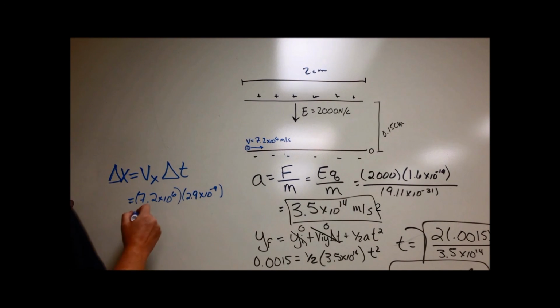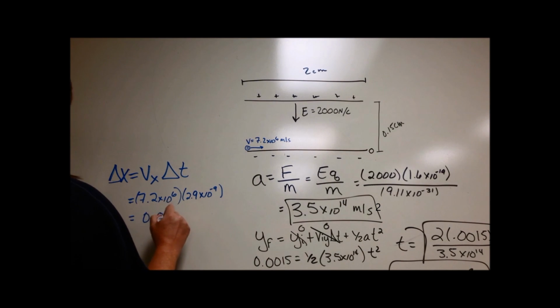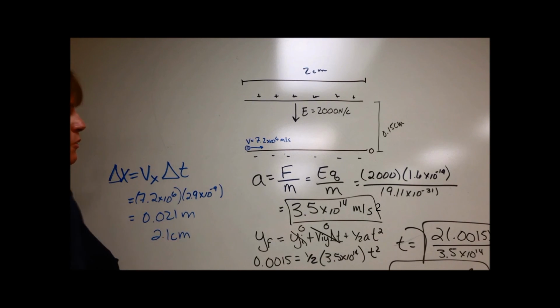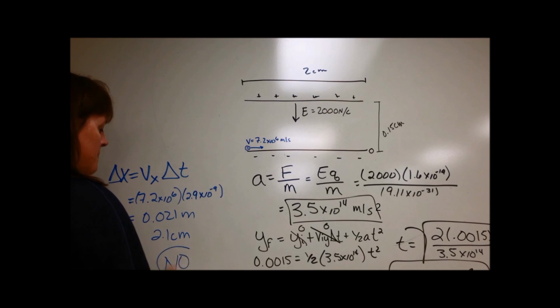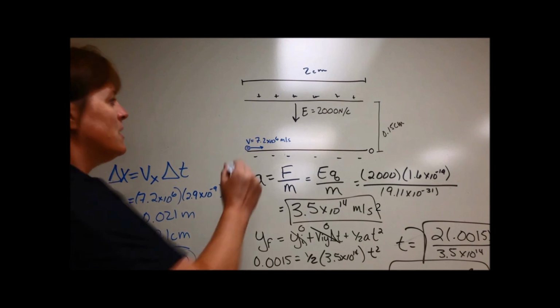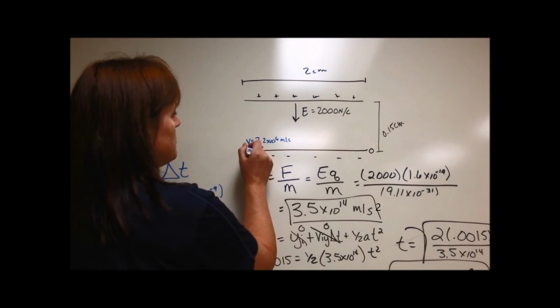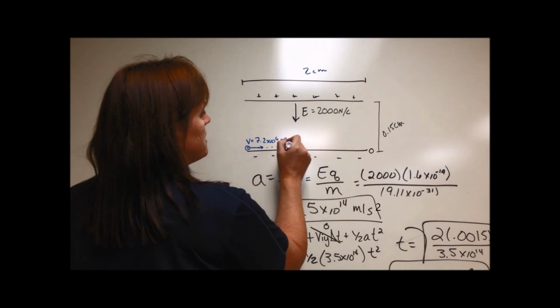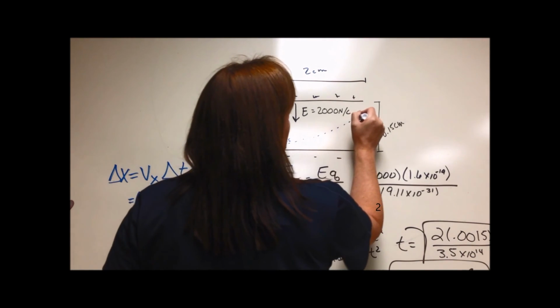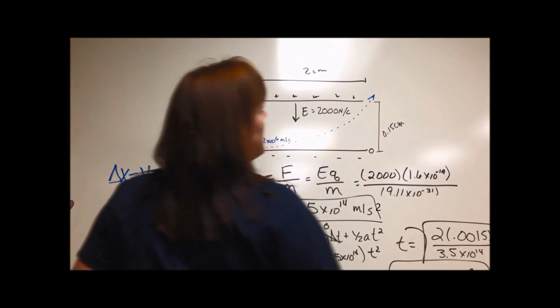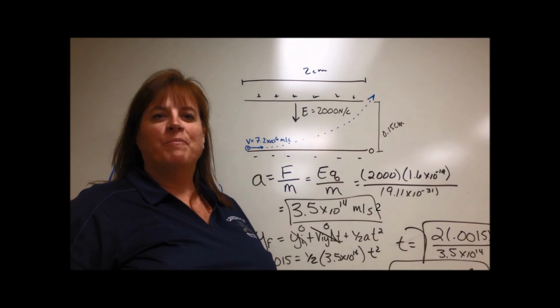And what you should have found is this is 0.021 meters or 2.1 centimeters, which means no, it doesn't hit the plates. So our particle comes in, it feels a force, which causes it to move on a parabolic trajectory, and it exits right about there.